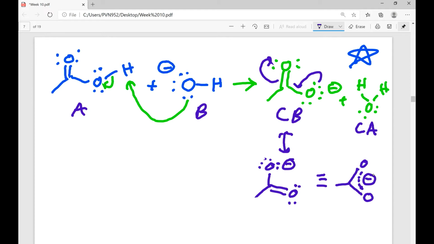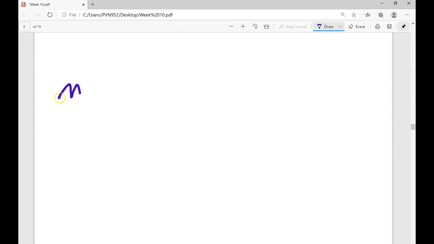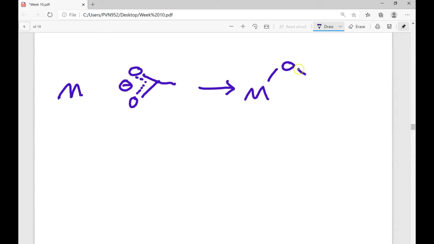So what happens is if you have a metal, let's say you have a metal and you react it with an acetate anion with that delocalized negative charge, what can happen is that the metal can bind to both of the oxygens on this acetate anion.